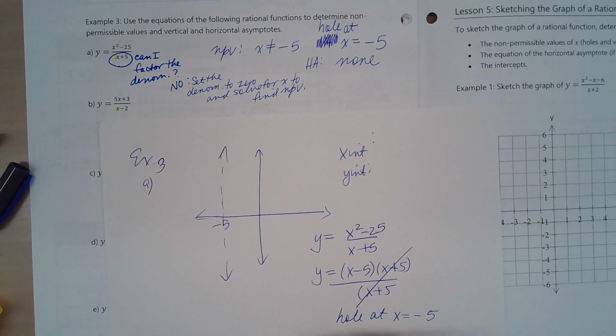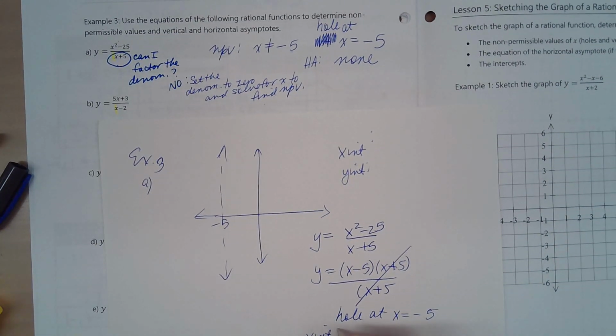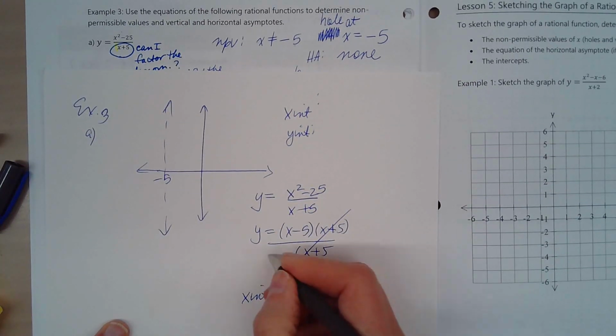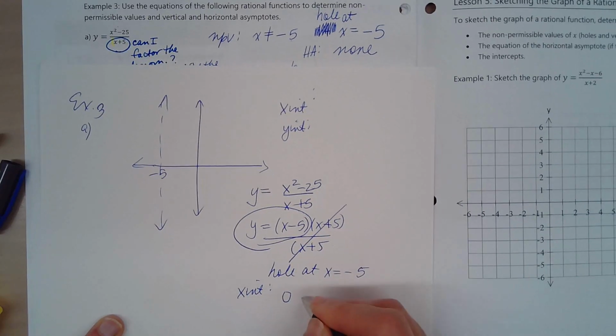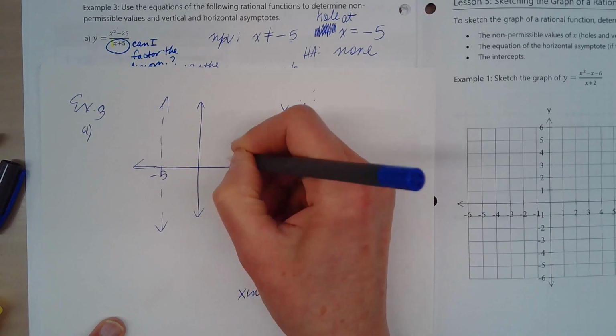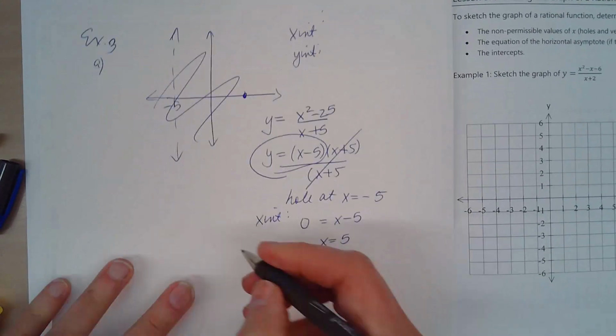My x-intercept, I replace y with 0 and I solve for x, so x equals 5, and I'm using factored form. So actually I should probably do a different one.